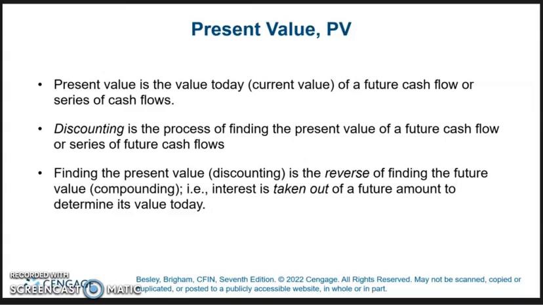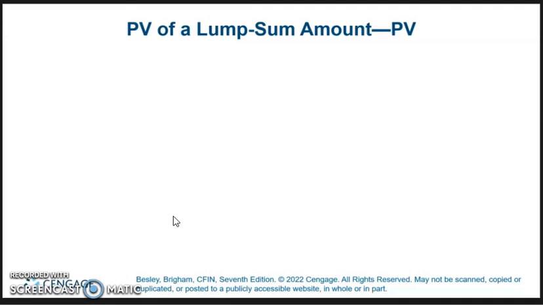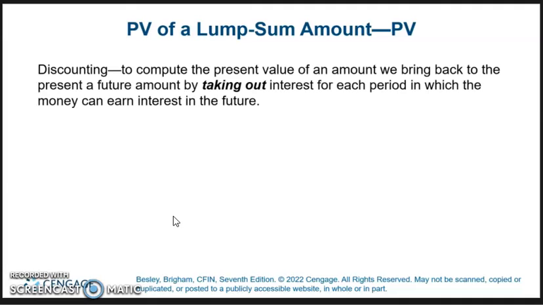So finding the present value is the reverse, or the opposite, of compounding. When we're compounding, we're multiplying by 1 plus r to the n, and when we're calculating the present value, we're dividing. It's the future value of the cash flow divided by 1 plus r to the n. Present value of a lump sum amount.